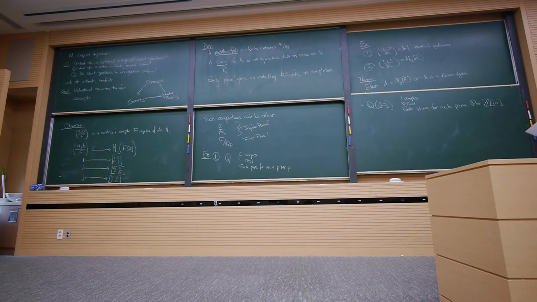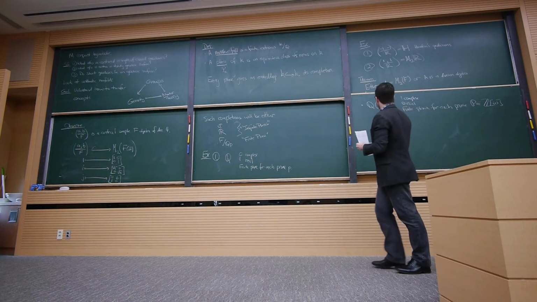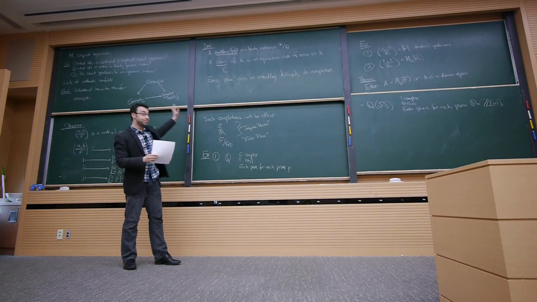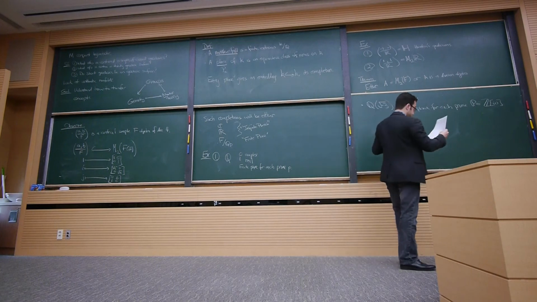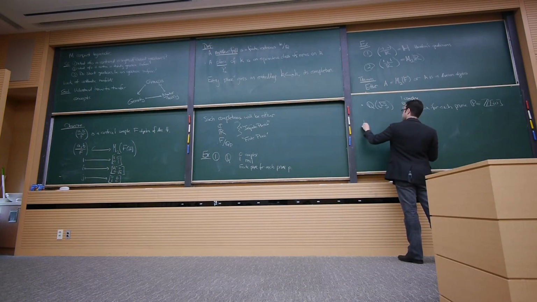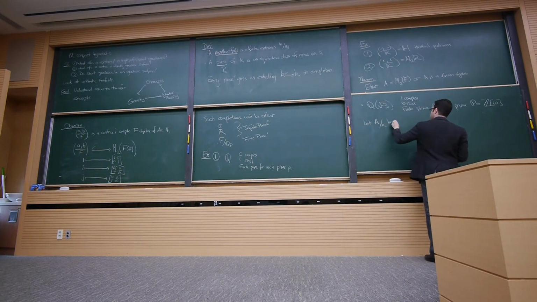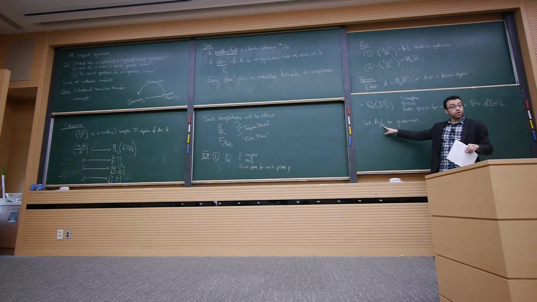Okay. So, right, we've got number fields, we can talk about their places. So now, let's look at quaternion algebras over our number fields. So let A be a quaternion algebra over K. So what this says is, what you can do is tensor up at every place. Okay?